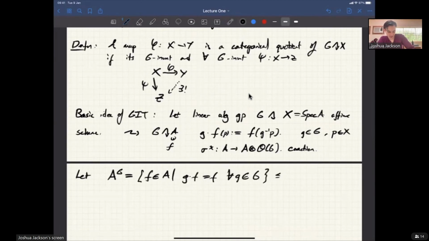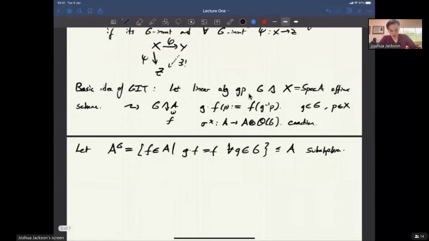And if you think about it, you can easily see that this is a subalgebra. Okay. And so the basic idea of GIT is that the way we should get quotients is that locally they should be spec of the invariants. So A^G has this inclusion here.